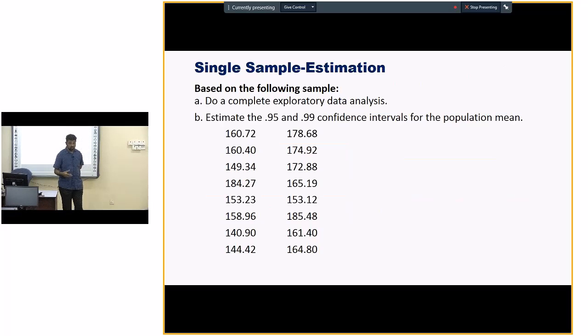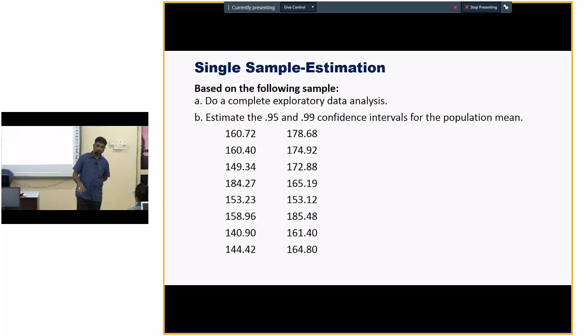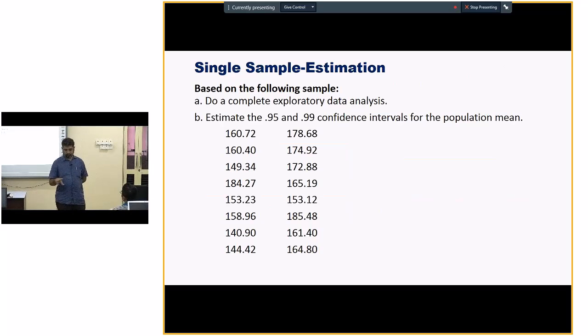A politician can say that the average income of a family is greater than 20,000. Our task is to test that claim or statement, because we cannot argue with them without information.